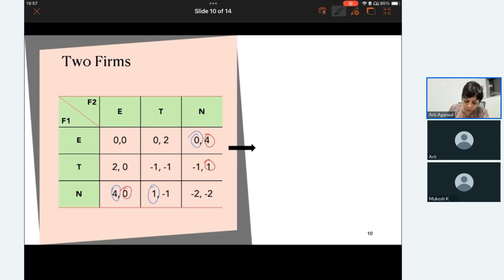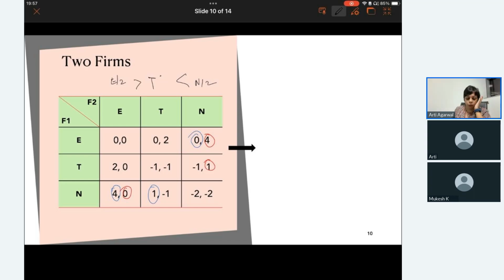Now, you see the strategy T is dominated by the mixed strategy of E plus N. If you take E and N half and half, I'm just writing it. It's not a very accurate way of writing it, but just to explain what I'm trying to say.